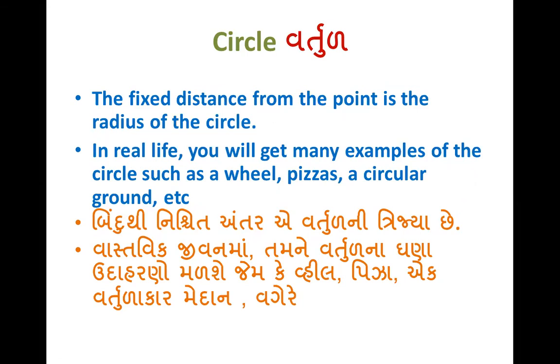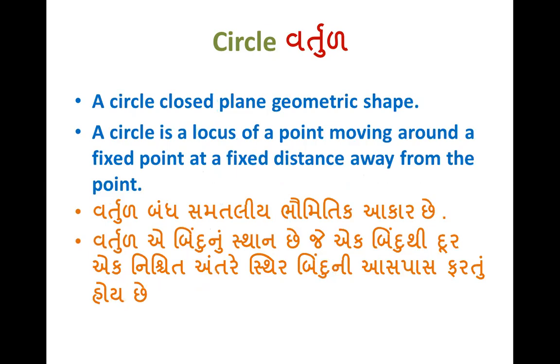Your watch maybe, because watches are now available in many shapes, but in previous years most watches were of a circular form. So the circle represents examples which we always see in our day-to-day life.